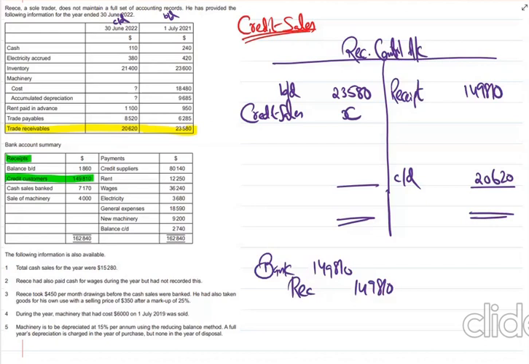We will do the balancing and tell me what is the sales amount, credit sales amount, please. This balancing figure, what should it be?